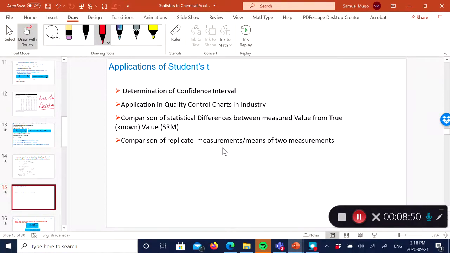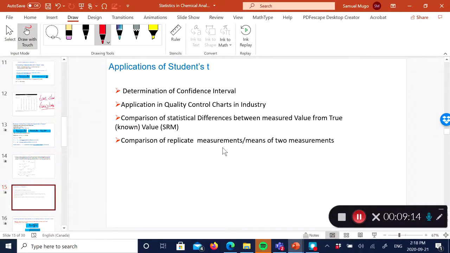Remember, as an analytical chemist, one practical challenge that you will face is how do you choose one method over the other? There's always cost implications. There's always how long it takes to do the analysis. There's always differences between analytical methods in terms of the usage of reagents and so on.